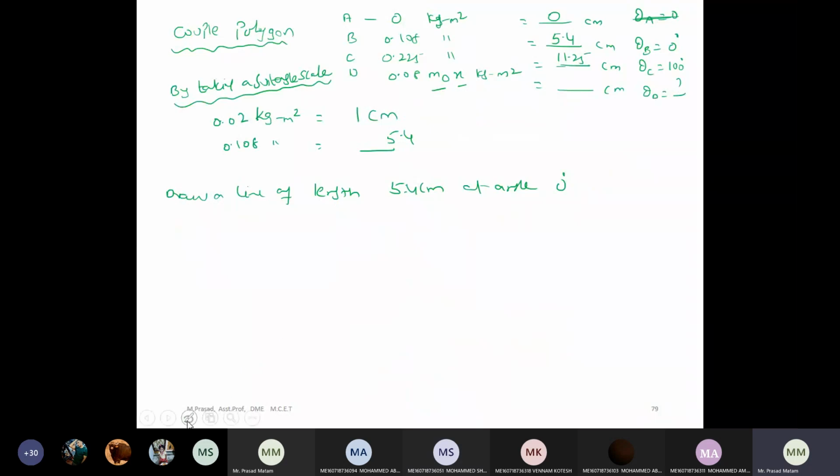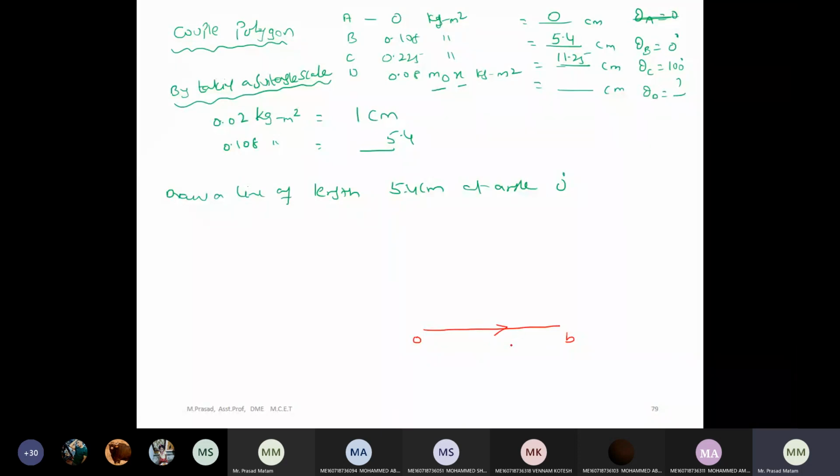Next, let me take another color. First, you need to draw a line of length 5.4 centimeter. Draw a straight line of length 5.4 centimeters. Look at this as O and B. Why am I writing B? This is for plane B I'm drawing. You got it? 5.4 centimeters for plane B. That's why I'm starting with O and ending at point B. This length is 5.4 centimeter.